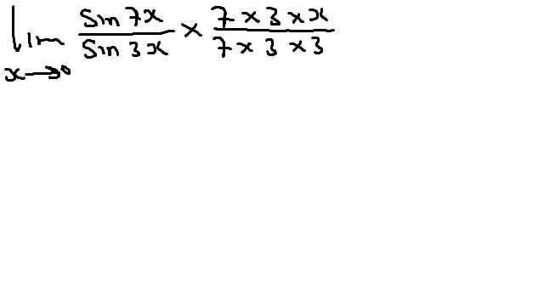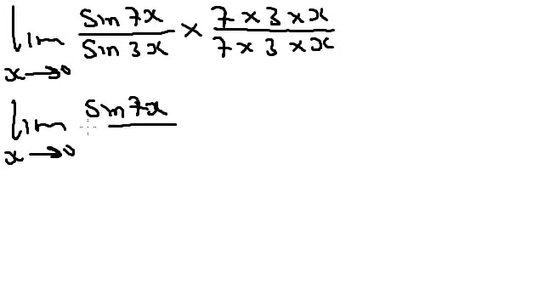Now doing this, we can flip the position of some expressions. First, I would like to switch the position of sine 3x and replace that with 7x. And therefore, we now have the limit as x approaches 0 of sine 7x all divided by 7x, then multiplied by the sine 3x.